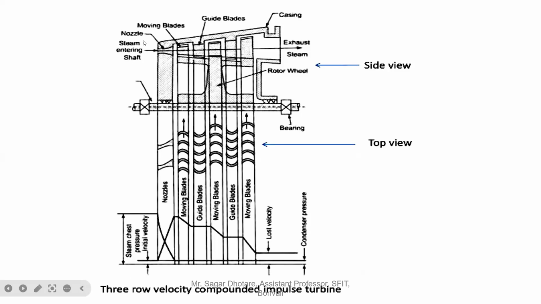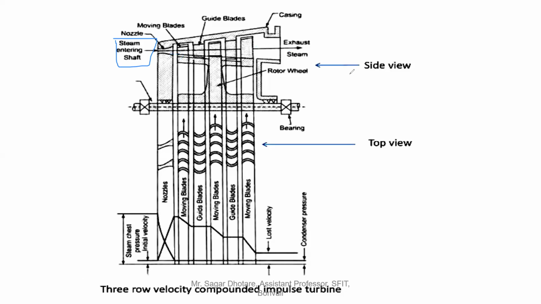Here the three row velocity compounding impulse turbine has been shown. The steam is entering from this side. It passes to the first row of moving blade, then guiding blade, then moving blade, then guiding blade, then moving blade, and it leaves the turbine.